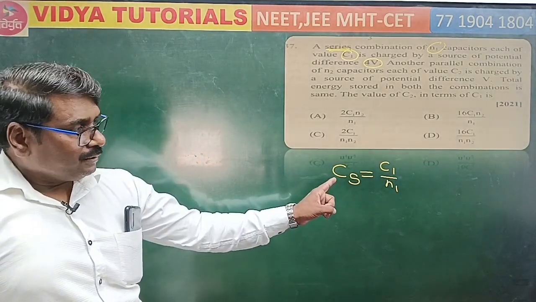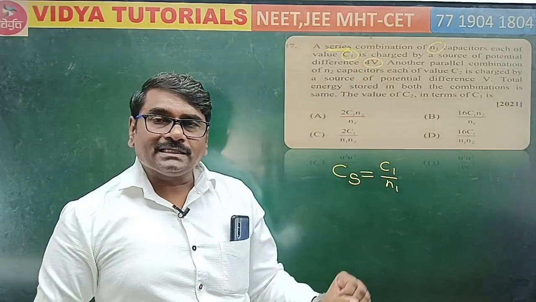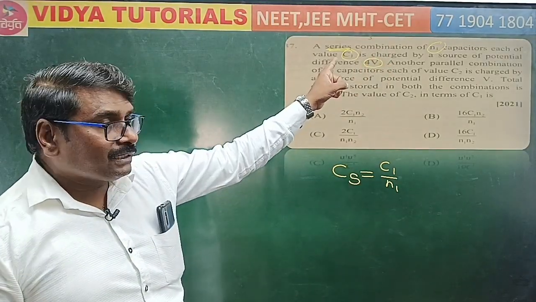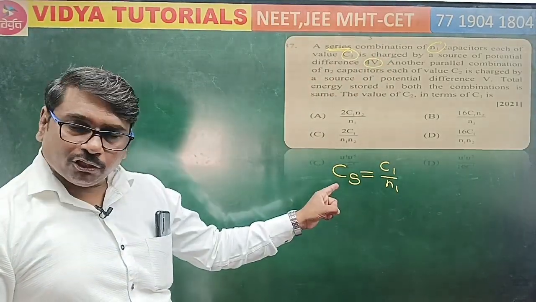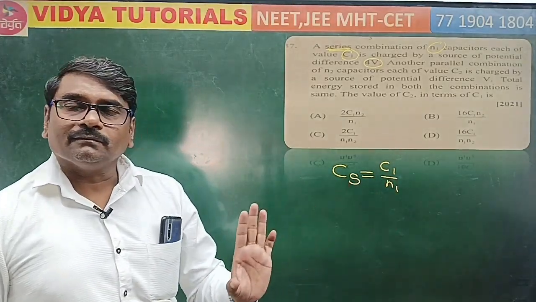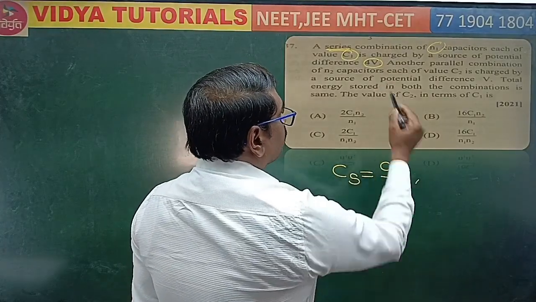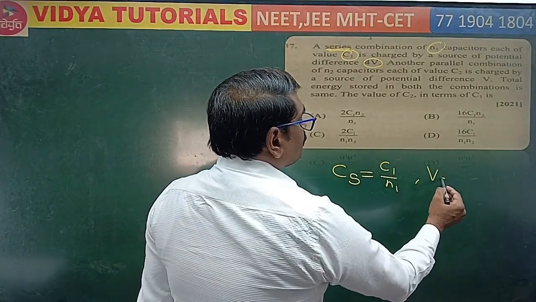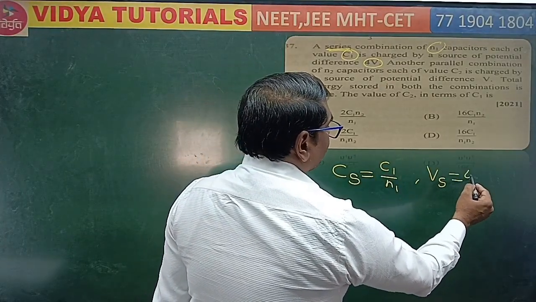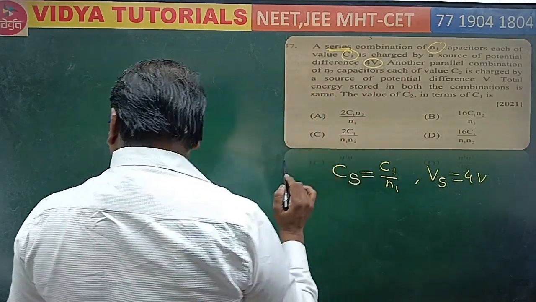When N1 capacitors of each value C1 are connected in series, the shortcut is CS is equal to C1 upon N1. Now the potential difference across it, suppose Vs, is 4V.